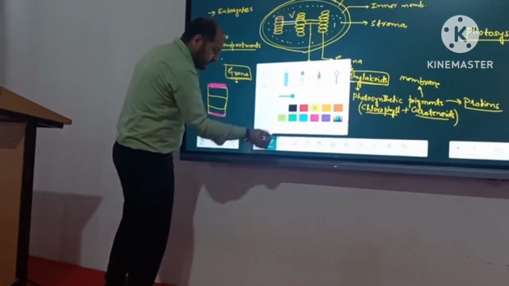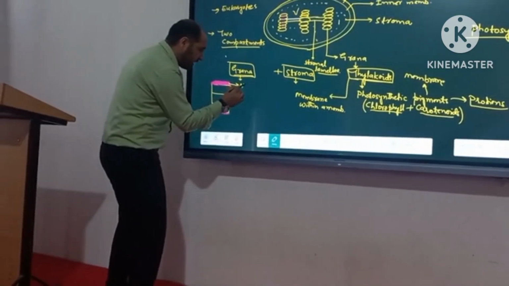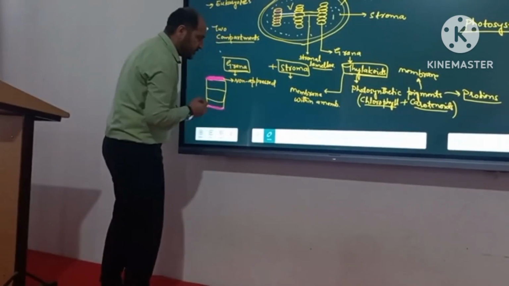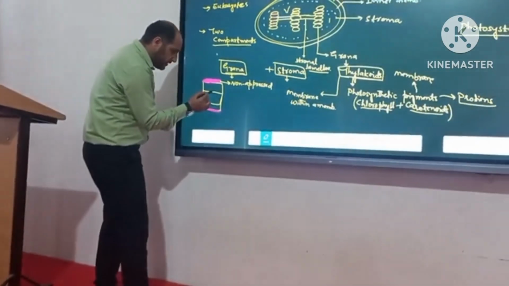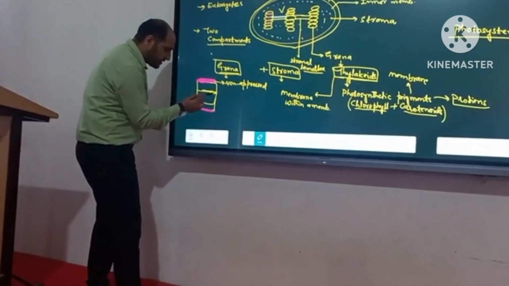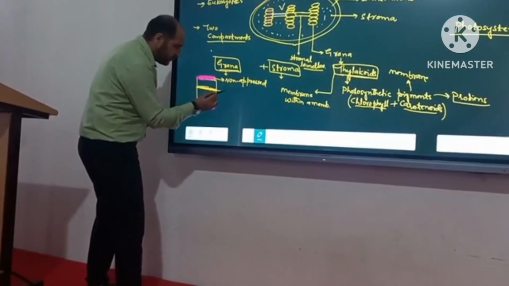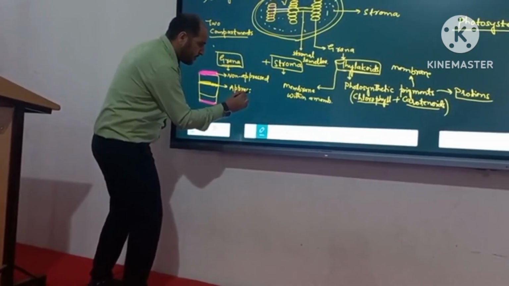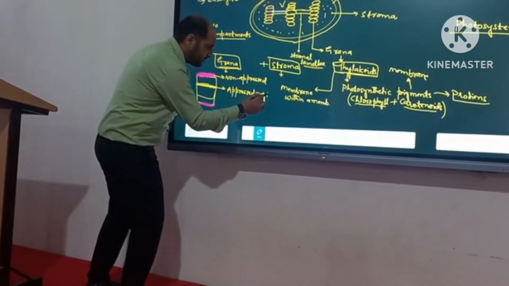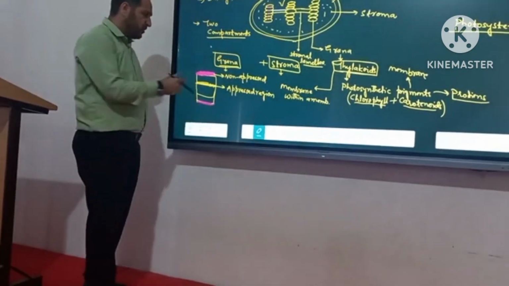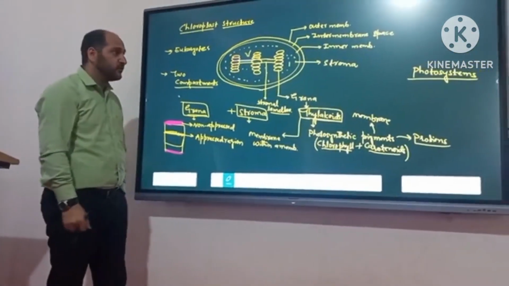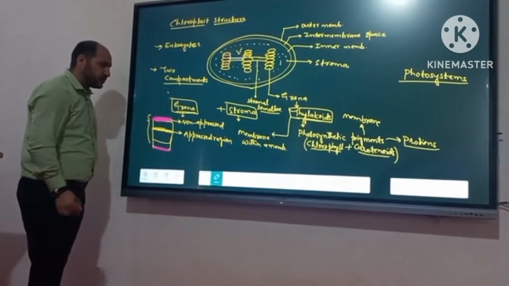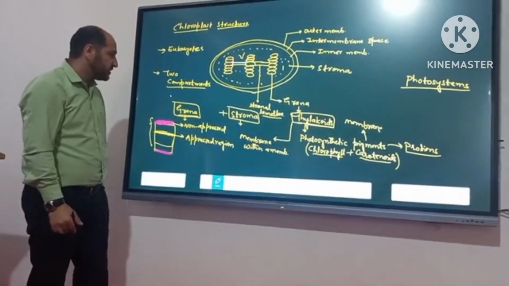We can say that this one is the non-appressed region of grana, and in here it is the appressed region of grana, which is compressed within the thylakoids. The importance of these appressed and non-appressed regions we will describe in future slides, but here we must know what the appressed region is and why there is a non-appressed region in this very grana.